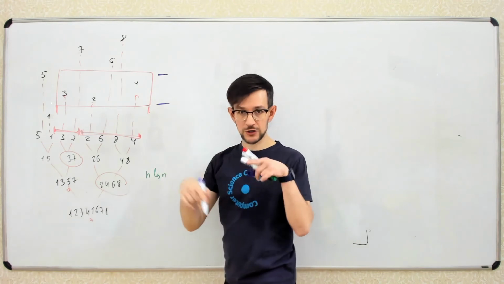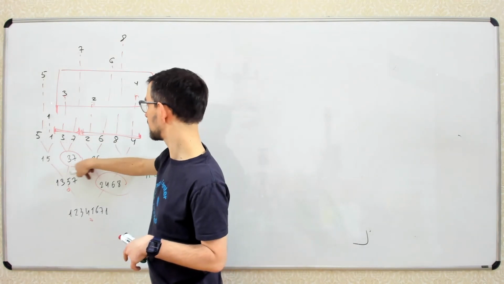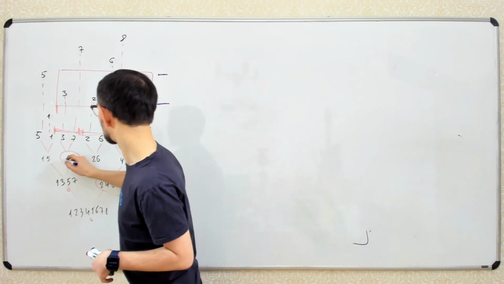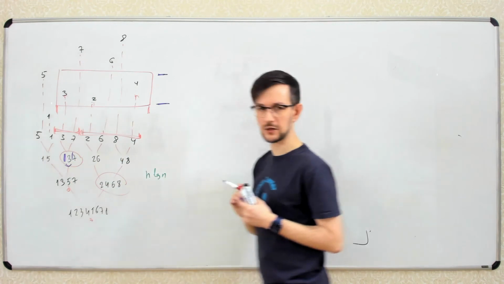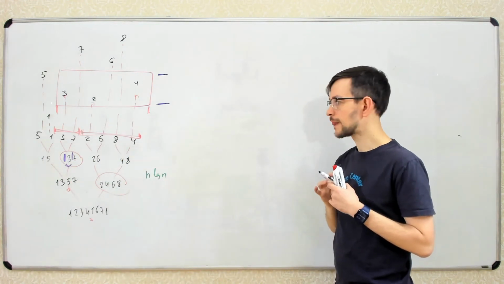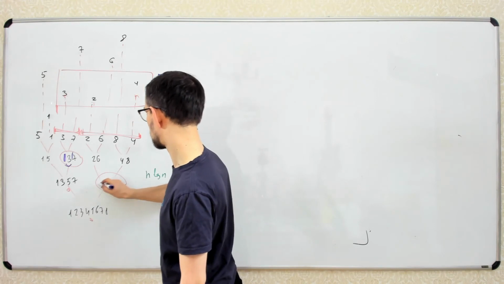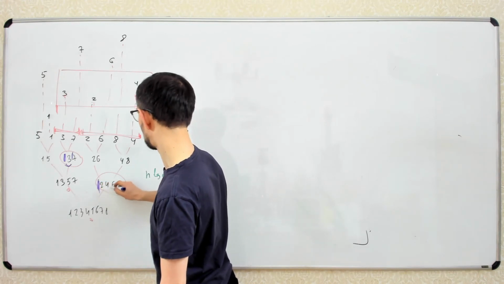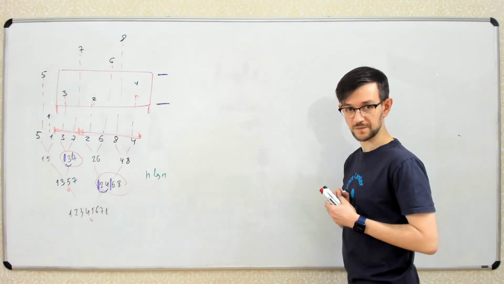So we can use binary search to find these 2 borders in this sorted array. So first border will be here, second border will be here. So we need to output these 3 as a result. And now we go here and see that the first border will be here, second border will be here. So we need to output these 2 and 4.